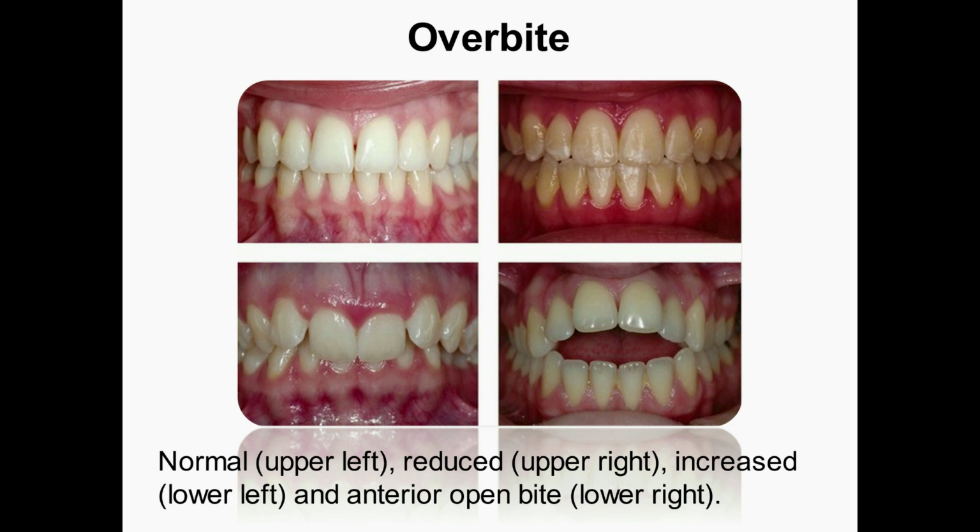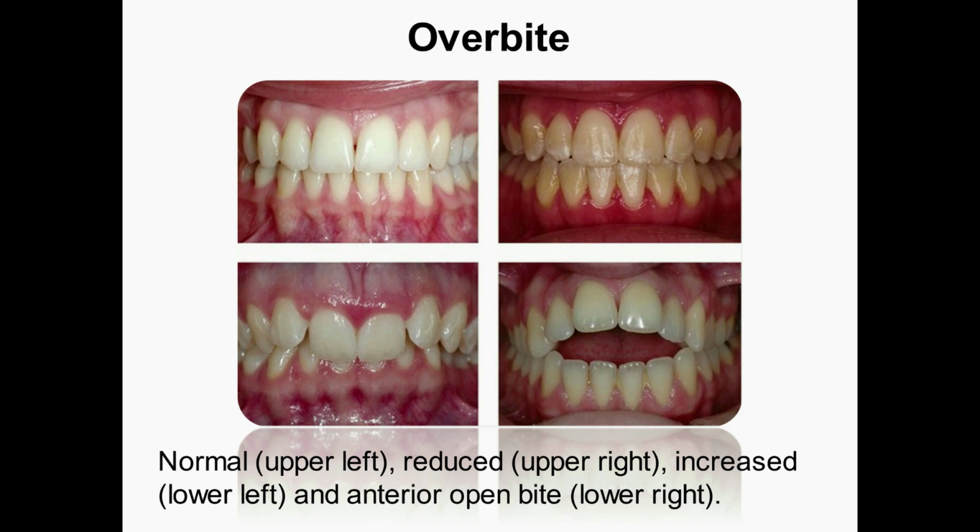The normal range is for the maxillary incisors to overlap the mandibular by 2 to 4 mm vertically, or 1/3 to 1/2 of their crown height.